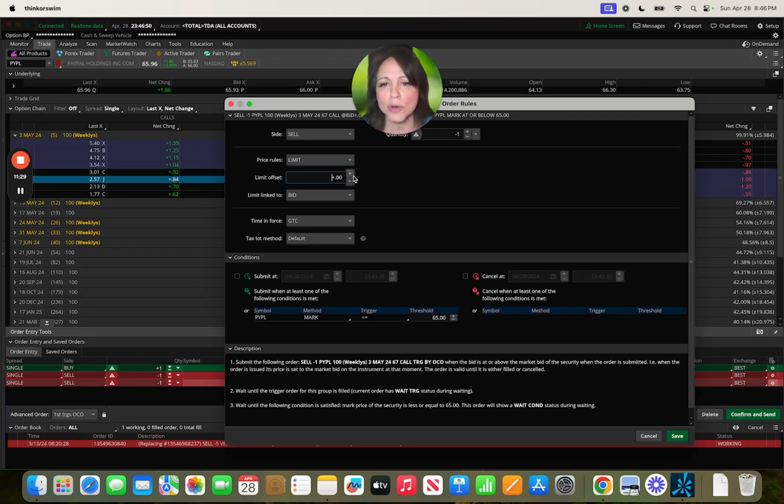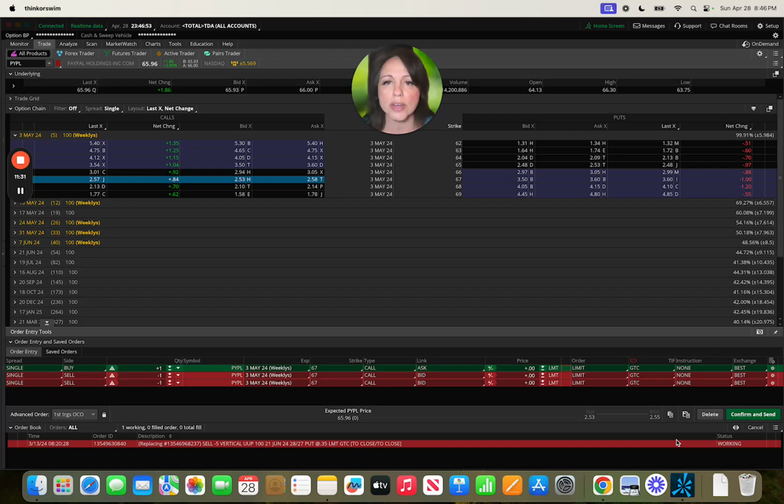You could do that as well, but I haven't had any issues with these types of stops for regular single leg option contracts. Then, of course, you have your double legs, which is your credit spreads. You have butterflies, which have more legs to them. So they do change a little bit, but once you know those changes, this becomes second nature to you, so it's not that big of a deal.